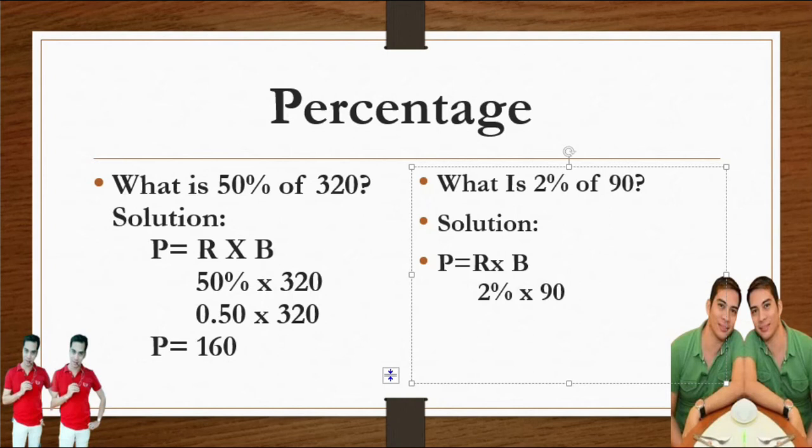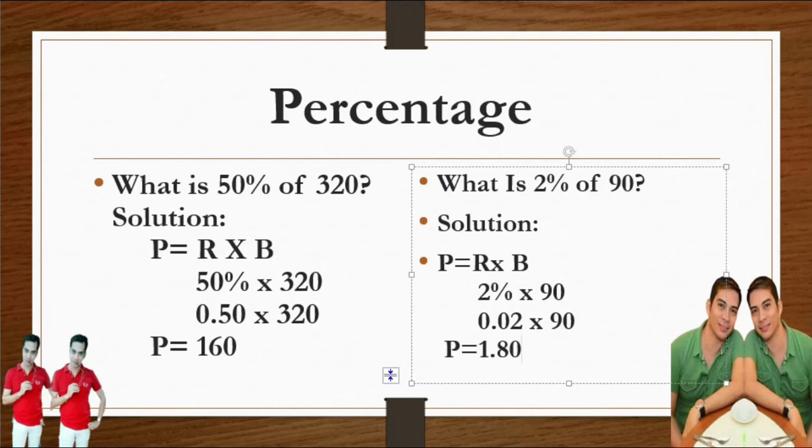How do we write? 0.02 times 90. So, 0.02 times 90, the answer is 1.80 or 1.8.